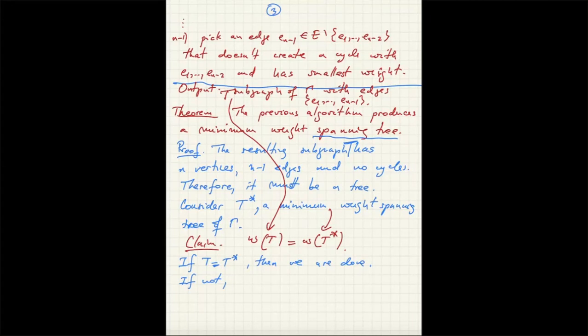Now the tree T star has some set of edges. In the situation that T and T star are not the same trees, there's going to be an edge, let's call it EJ, the first edge chosen by the algorithm in T, in step J, that is not contained in T star.